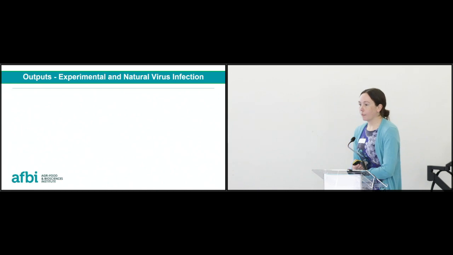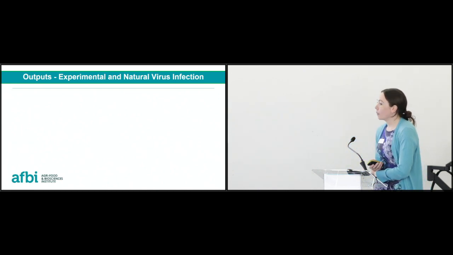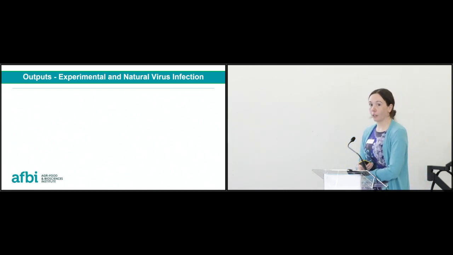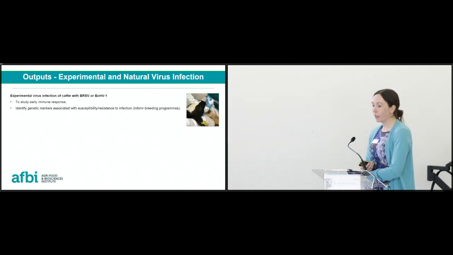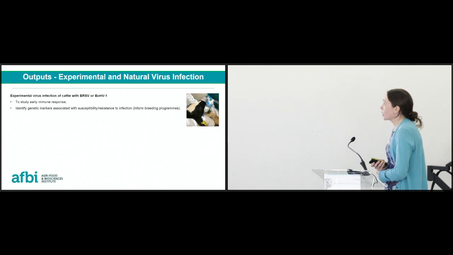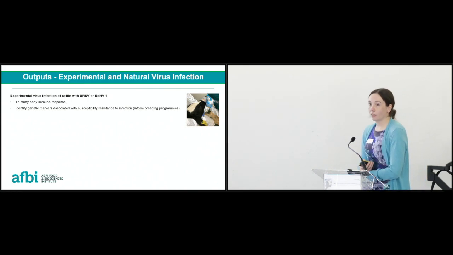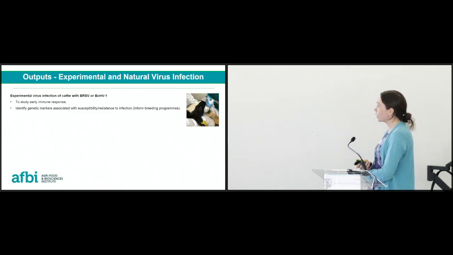So we can do 2 types of studies. We can look at experimentally infected animals or animals that are naturally infected with BRD-associated viruses. In terms of experimental infections, we have two viruses that we mainly look at, either bovine respiratory syncytial virus or bovine herpes virus.